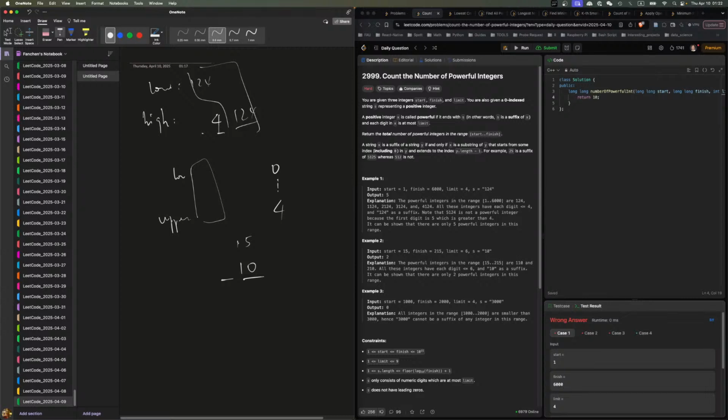So yeah, if it's smaller than the limit, I can just push it, smaller than limit, smaller than limit, right? And if at any position the lower value is bigger than the limit, then the previous one needs to change, right?